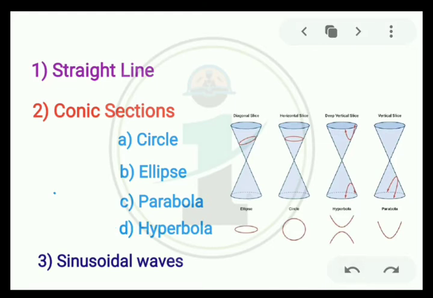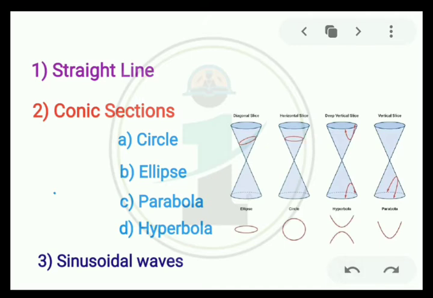So in the diagram you can see on the right side, the first figure shows an ellipse. An ellipse can be obtained from a conic by cutting in that sense. If you cut the conic in that sense, you will obtain an ellipse. If you cut the conic in horizontal sense, you will obtain a circle.